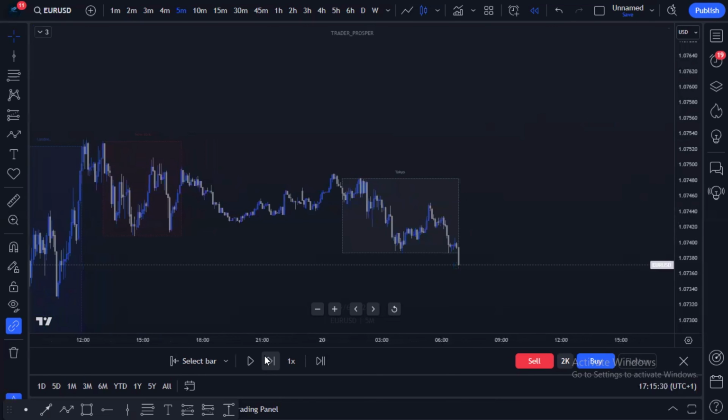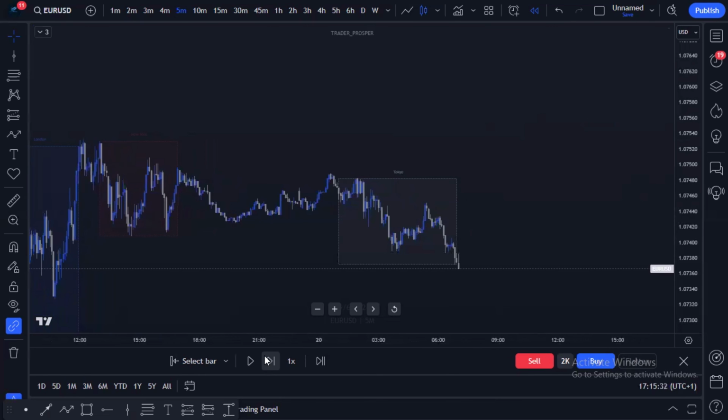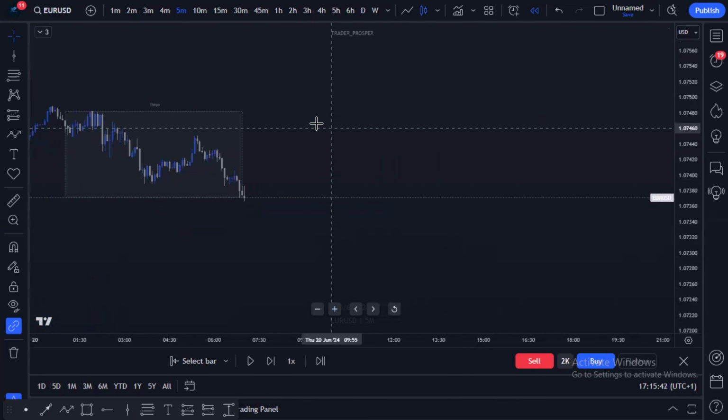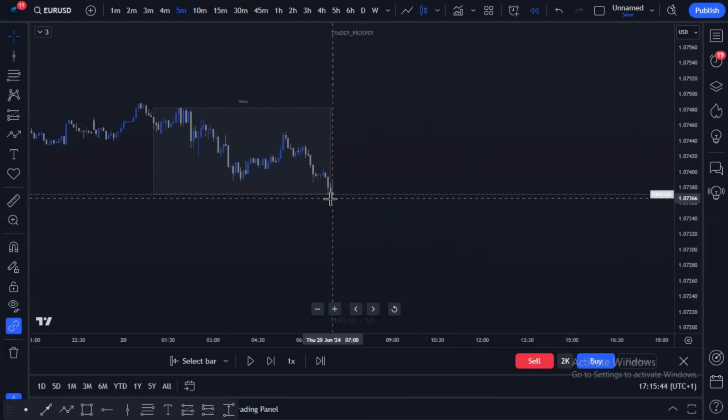Normally the range takes 4 hours to complete. That is my setup for the indicator. So take a look at this point. The Asian range completed at this bearish candle here. Right, this was where the Asian session completed.